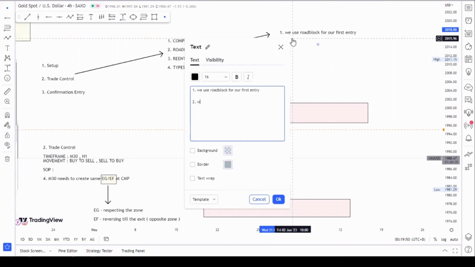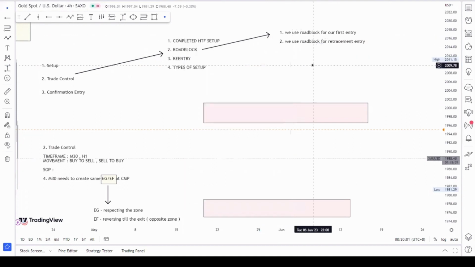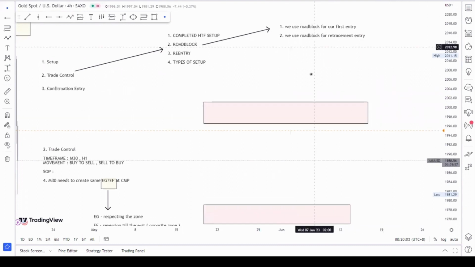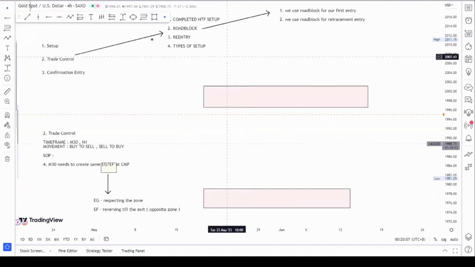And the second thing, we use roadblock for retracement entry. Okay, right. So let's go to the theory.